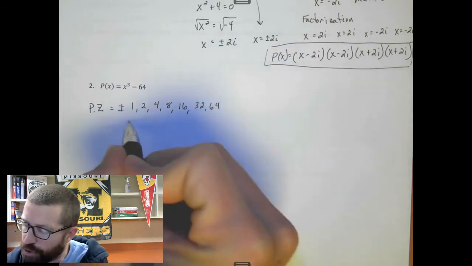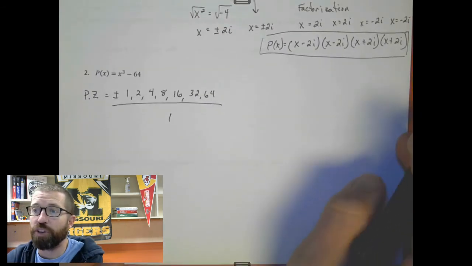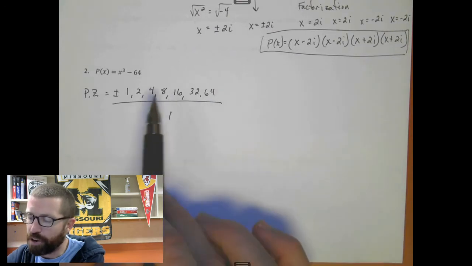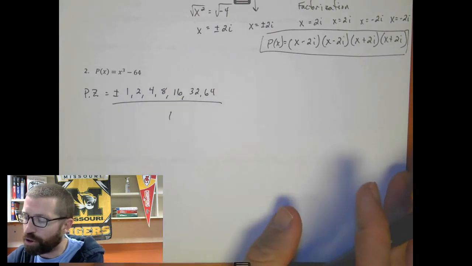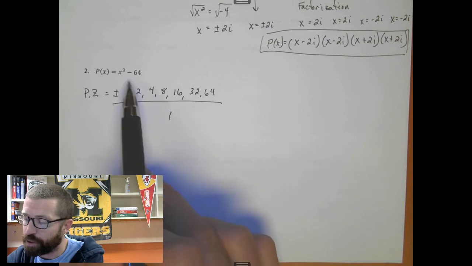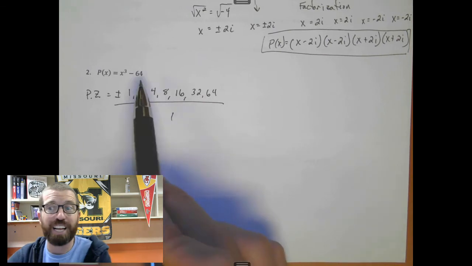So a lot of possible zeros, all over 1. And so we could go through and check this by plugging in values here. You could also factor this as a difference of cubes, but not a lot of people remember that.